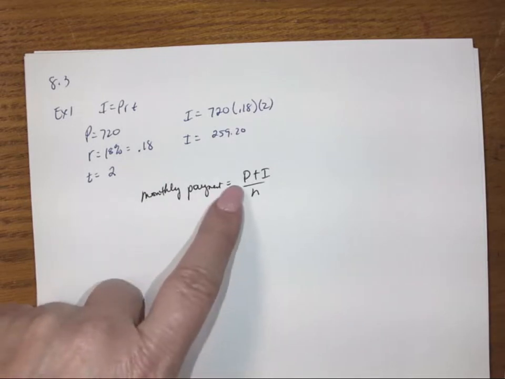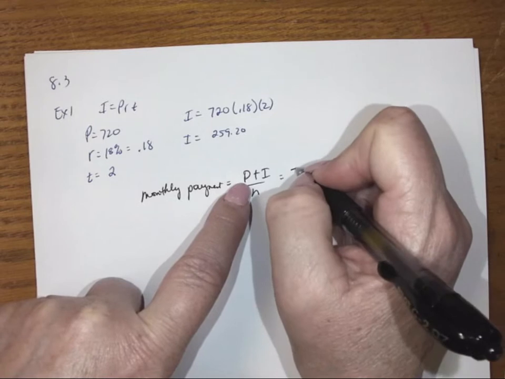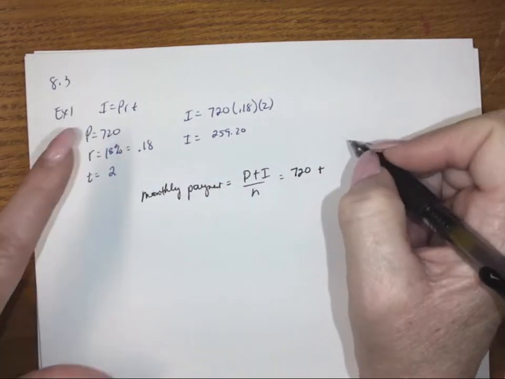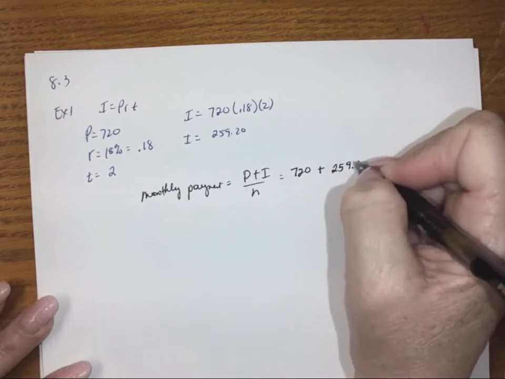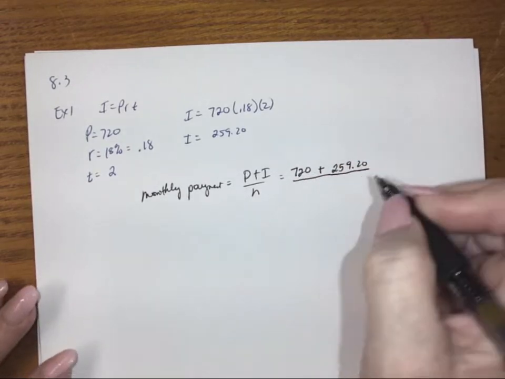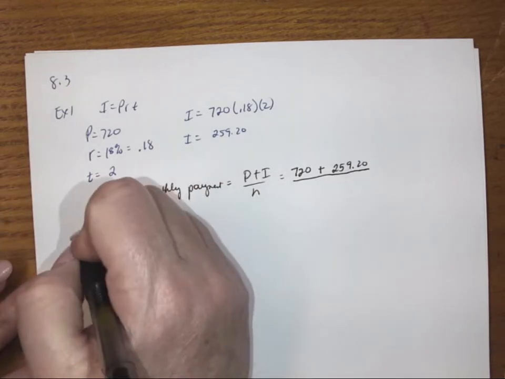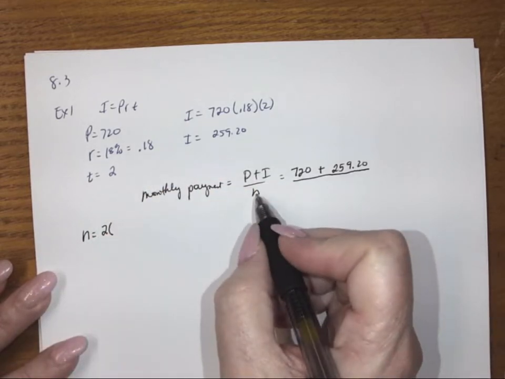So we know what the principal is. The amount of the loan is going to be 720 plus the interest we just found of 259.20, and we need to know what N is. So we know that T is 2 years, but what is the number of monthly payments? N is going to be 2 times the number of months in a year.